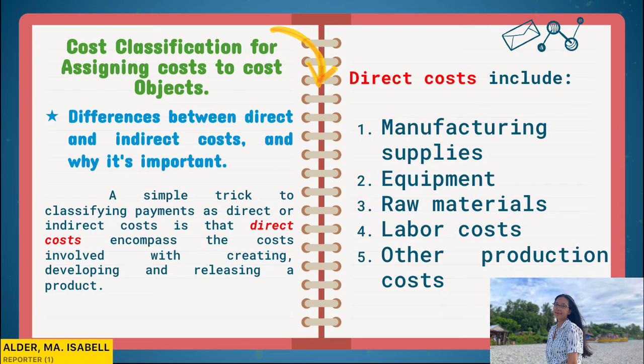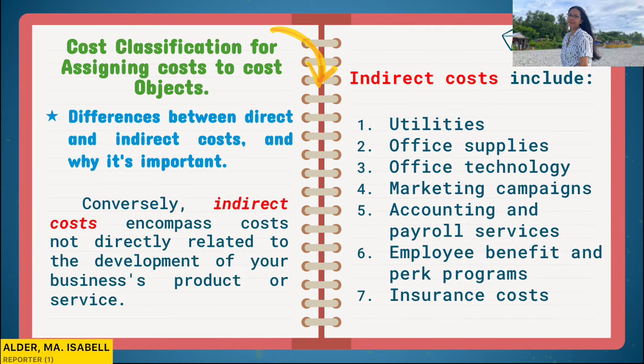A simple trick to classify a payment as a direct or indirect cost is that direct cost encompasses the cost involved with creating, developing, and releasing a product. Direct costs include manufacturing supplies, equipment, raw materials, labor costs, and other production costs.